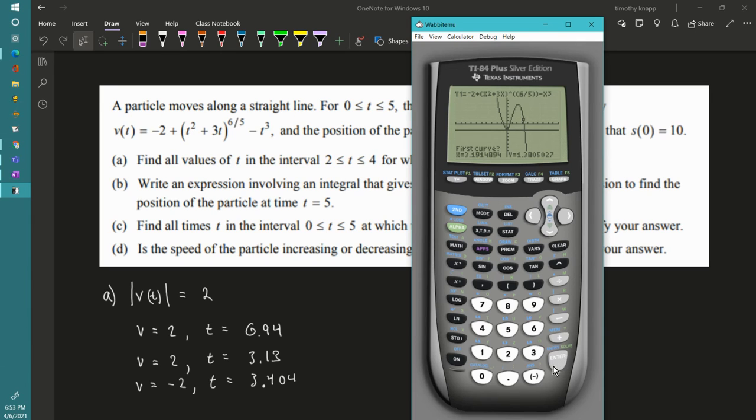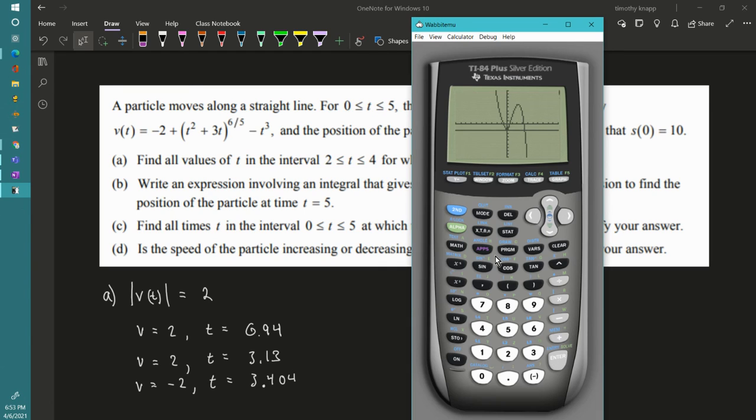And then you hit enter 3 times. The first enter is to confirm that you're using the velocity graph. The second enter is to confirm that you're using this graph, or y equals -2. And then the guess is your point, right? So you can kind of guess your point there. And there I've guessed this point.